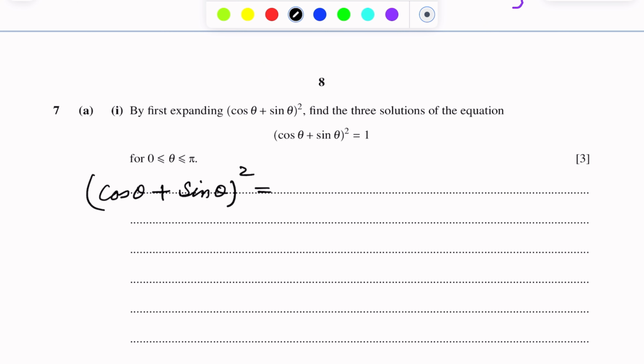So this becomes cos square theta plus sin square theta plus 2 sin theta cos theta.